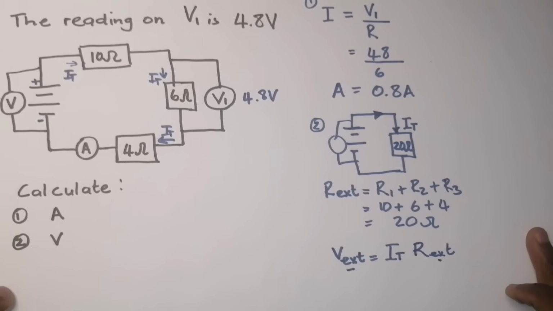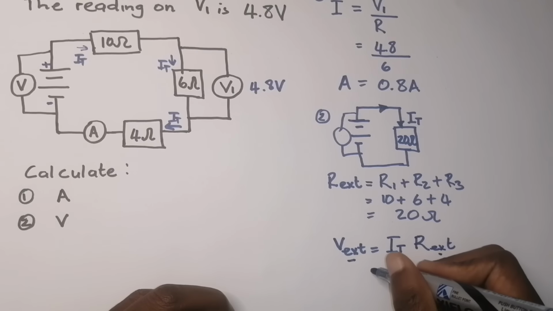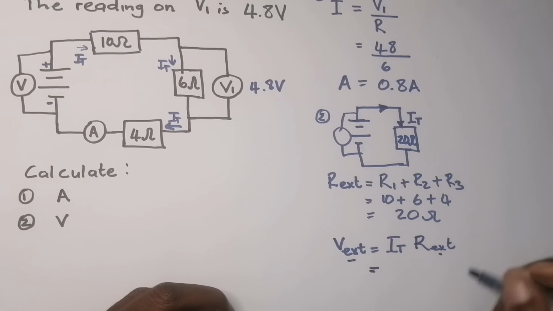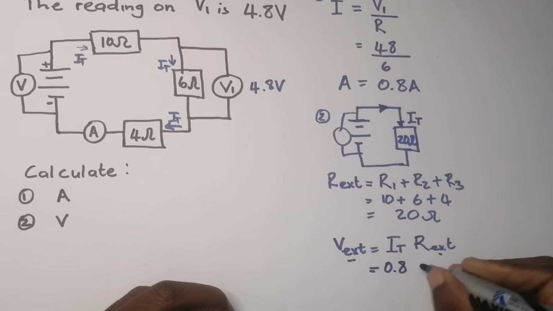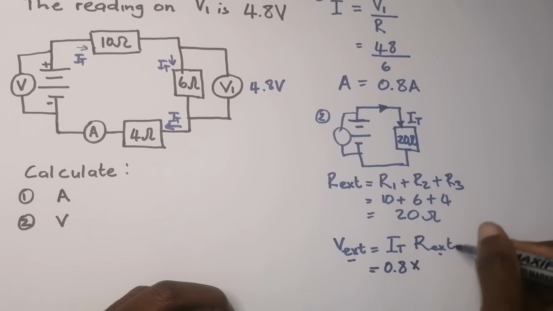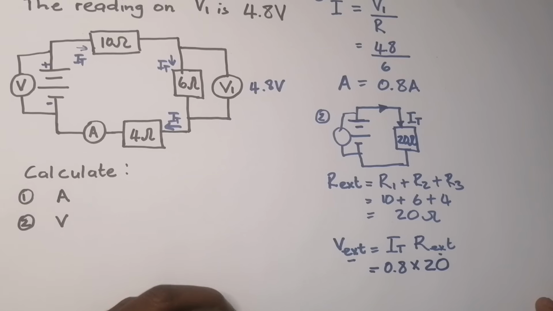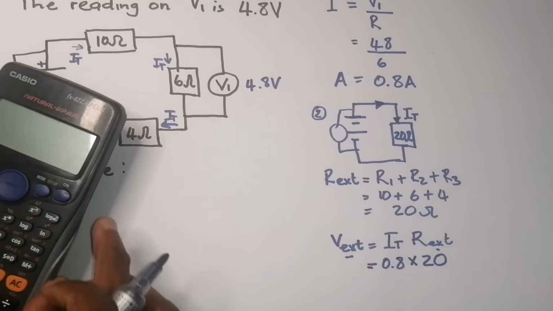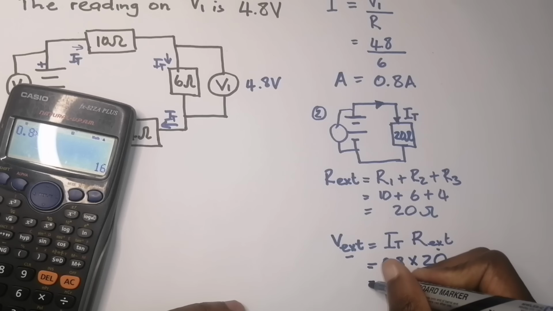Now, what is my total current? We said that's 0.8, the one passing through there, multiplied by the corresponding resistance, which is 20. So we're saying 0.8 times 20, and that will give us 16 volts.